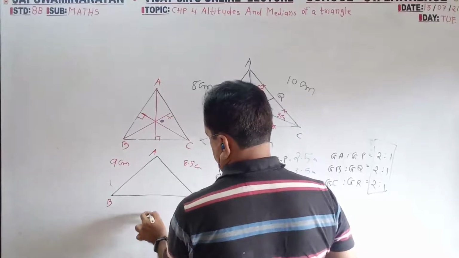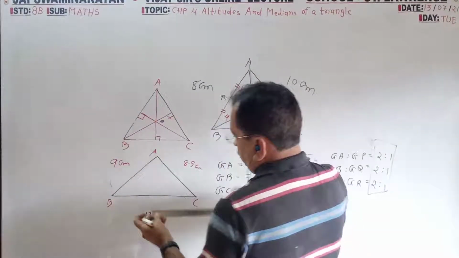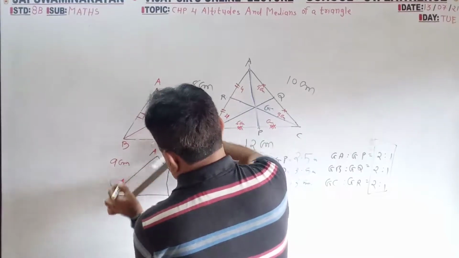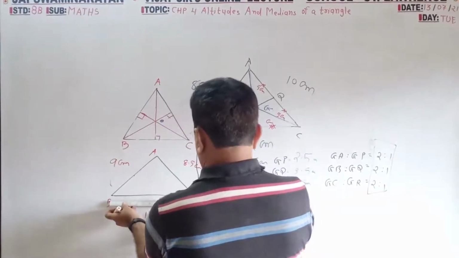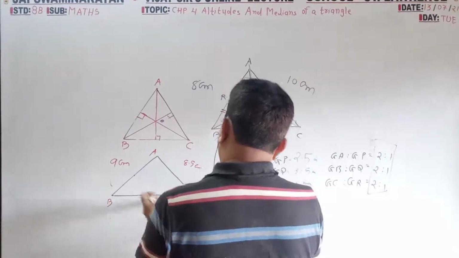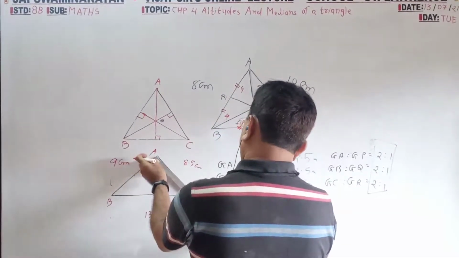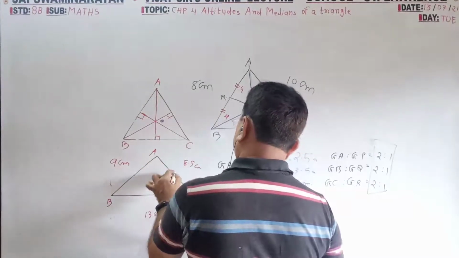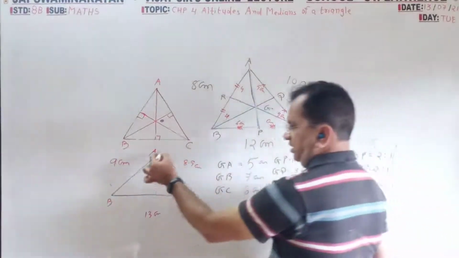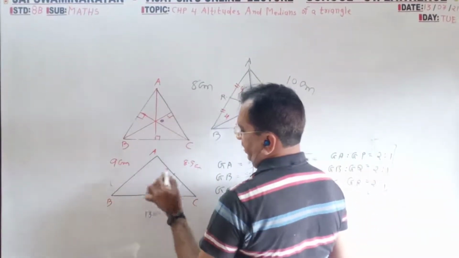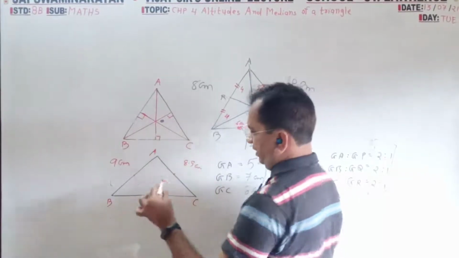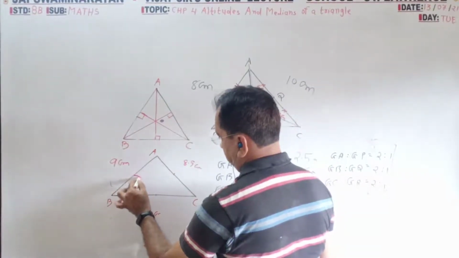So 9, I'll take half, 4.5, 4.5. This is 13, so I will take 6.5. This is 8.5, so 4.25. Okay. With the scale, whatever the measurement, take the midpoint. If it is 8, then 4, 4. If it is 9, 4.5, 4.5. If it is 10, then 5, 5. Now join this.